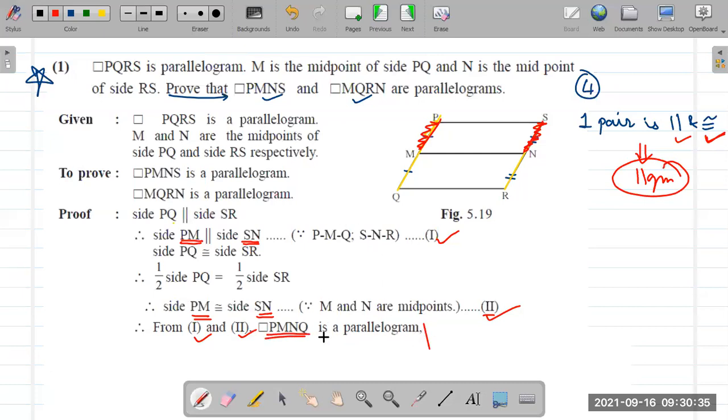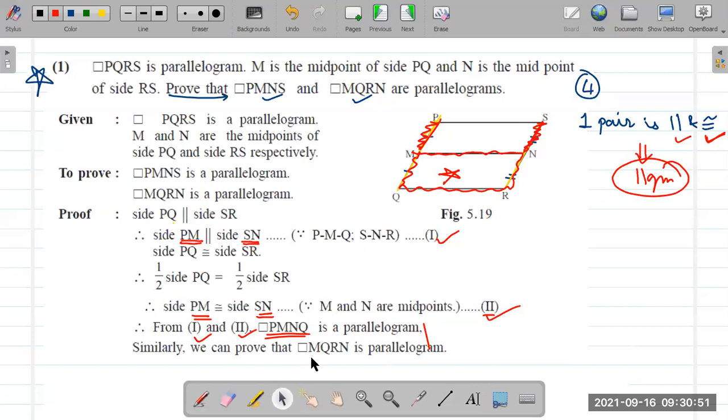Using the same steps, we can also prove that this one is also a parallelogram. So we can say that similarly MQRN is a parallelogram. So no need to do all the steps again. We can use the word similarly in this case.